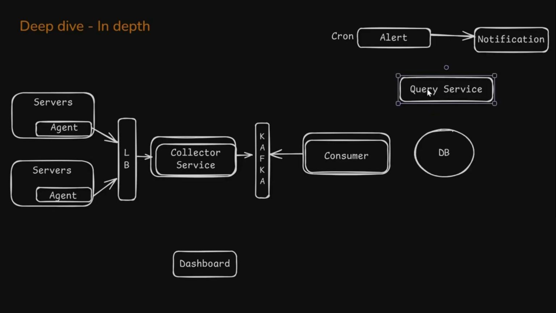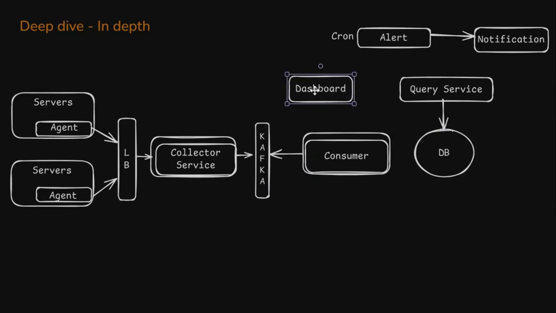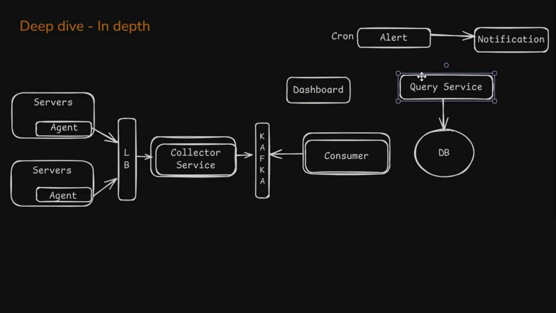This query service can make the range query, like for a specific machine from so and so date and time. This database should be highly optimized to serve the large range queries that can be populated into this dashboard. So we can propose something like this should support the large range queries.